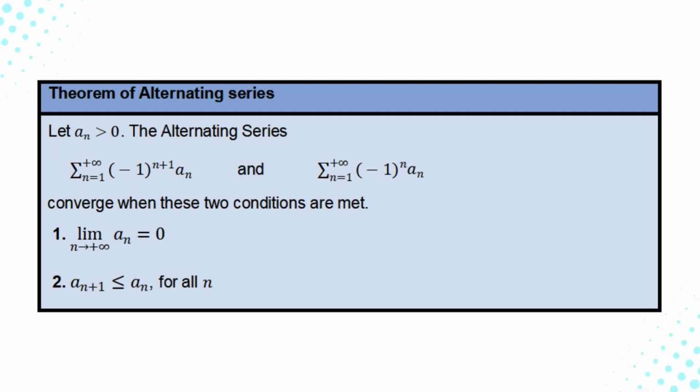The alternating series, the sum of (-1)^(n+1) a sub n from n = 1 to infinity, and the sum of (-1)^n a sub n from n = 1 to infinity, converge when these two conditions are met. First, the limit of a sub n as n approaches infinity is equal to 0, and second, a sub n+1 is less than or equal to a sub n for all n.